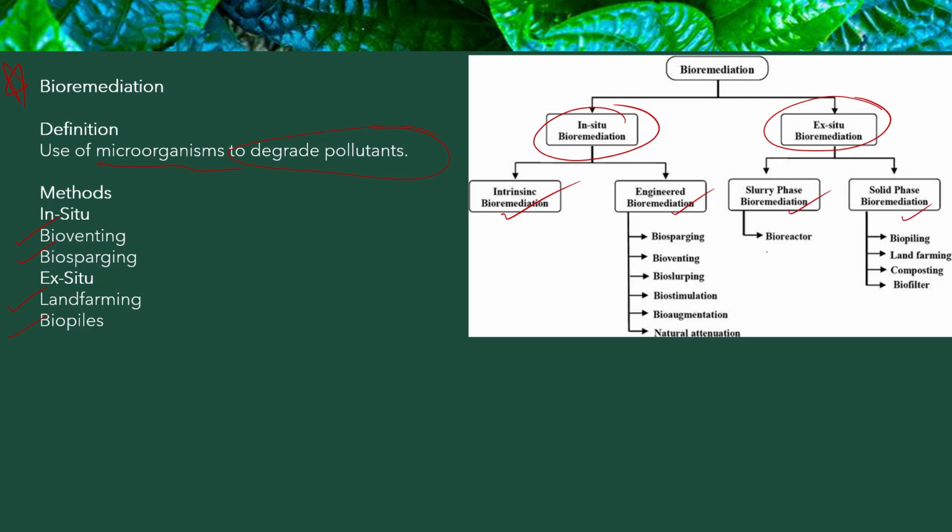In slurry phase, we have only the bioreactor. In solid phase, we have biopiling, land farming, composting, and biofilter. In engineered, we have biosparging, bioventing, bioslurping, biostimulation, bioaugmentation, and natural attenuation.